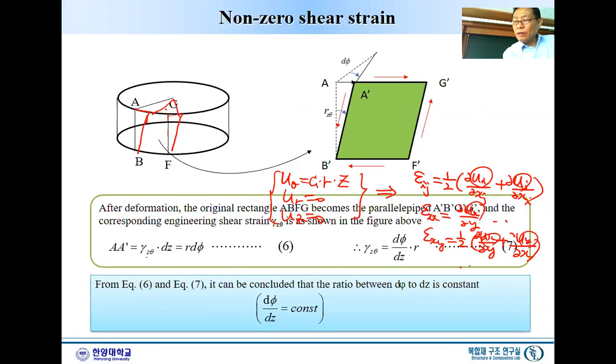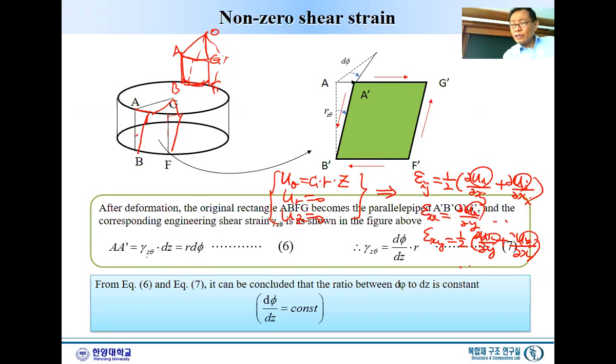So pay attention to this piece of the shaft, this one will be A, B, F, and G, and this is O. And now you can see that this moves like that, right? Moves like that. Now, what kind of strain field would we have?